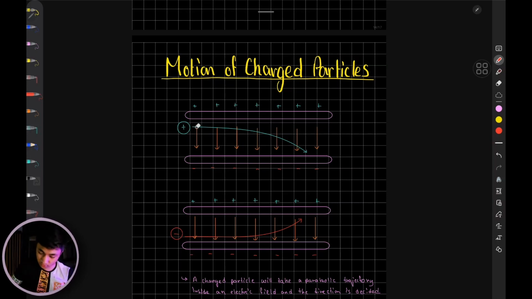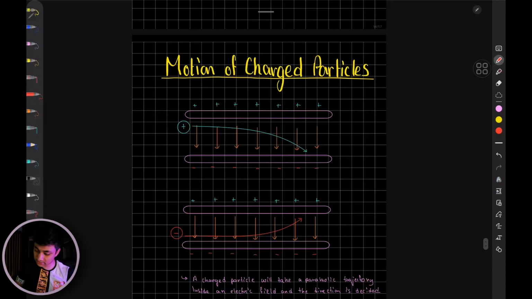Notice the field lines are equally distributed since the charges on both the plates are equally distributed as well. So, if the field lines are equally distributed due to the charge being equally distributed on either plate, you will see uniform field lines.